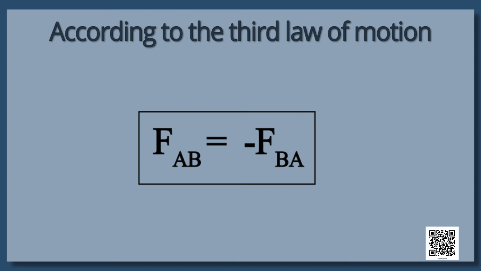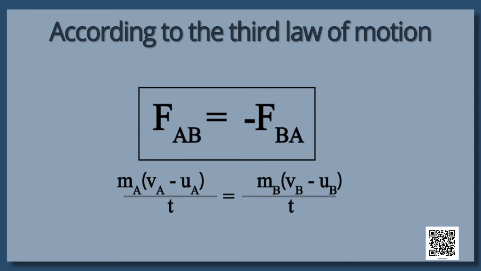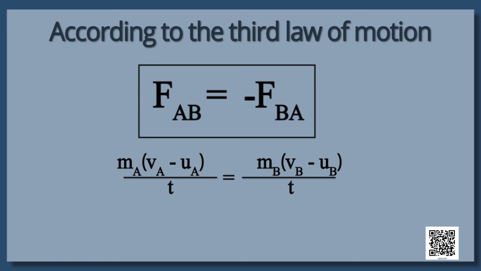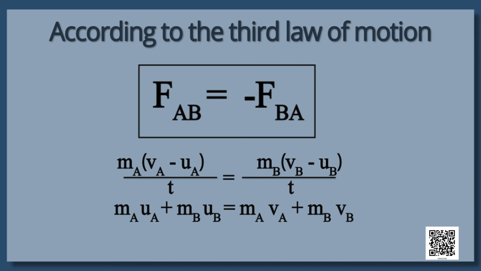Now, substituting the values, mA (vA minus uA) upon t is equal to minus mB (vB minus uB) upon t, and this will give us mA uA plus mB uB is equal to mA vA plus mB vB.